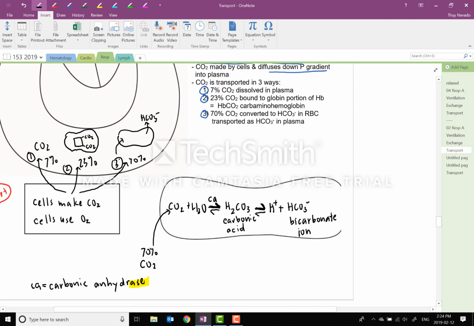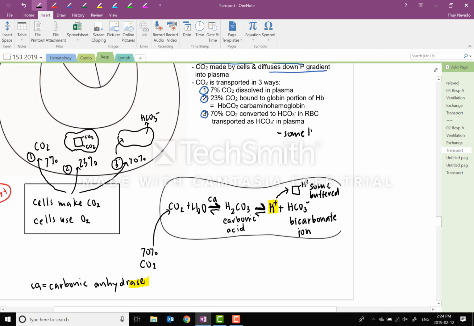So some of that hydrogen that's formed, I'm going to highlight that hydrogen, some of that hydrogen that is formed is immediately buffered when it binds to hemoglobin. So I'm just going to make a note about that up above.